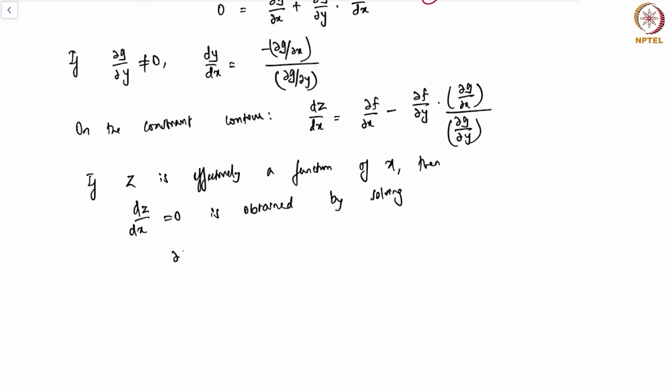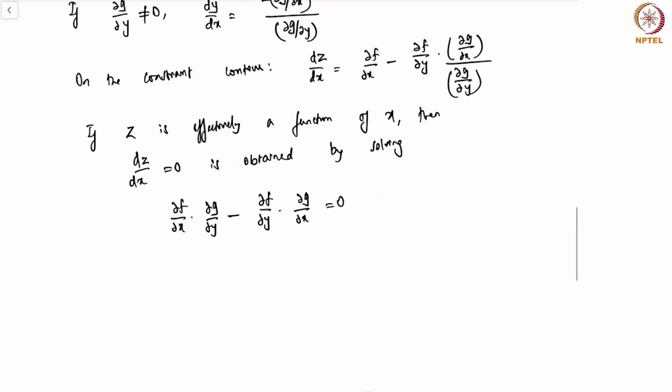Del f by del x, sorry, times del g by del y minus del f by del y times del g by del x is 0, subject to the constraint g of x comma y equal to 0.